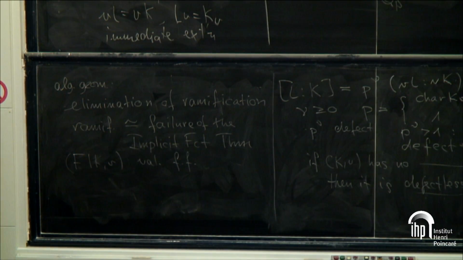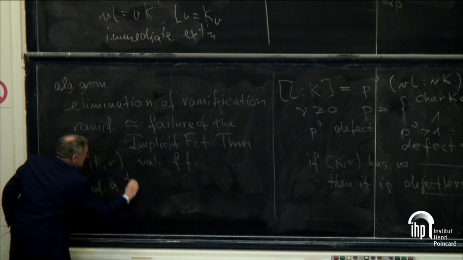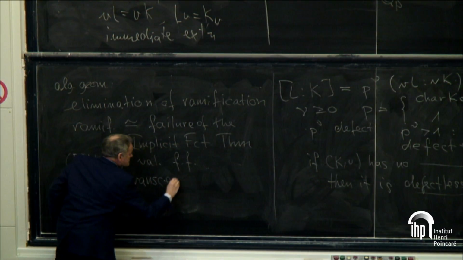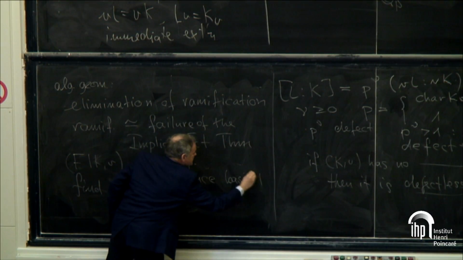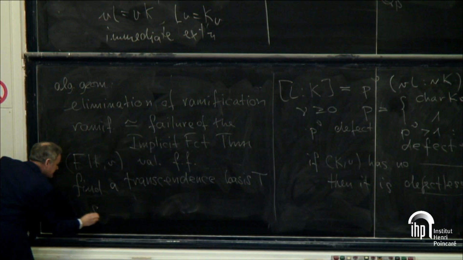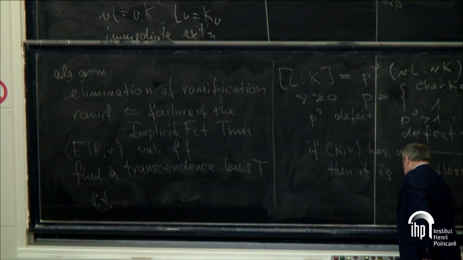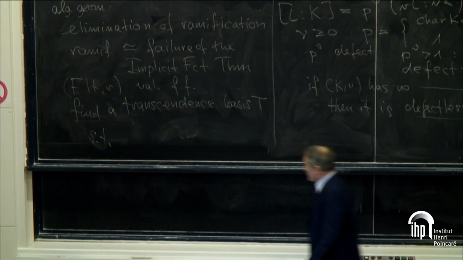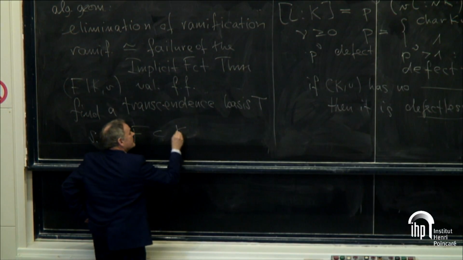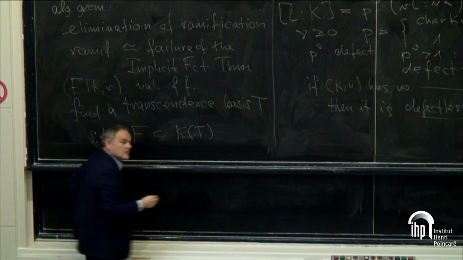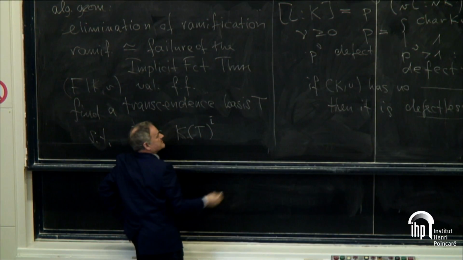And it means we want to find a transcendence basis T such that the rest of it, the algebraic extension now, the function field lies inside of K adjoin T, and the algebraic extension should be inside the absolute inertia field.